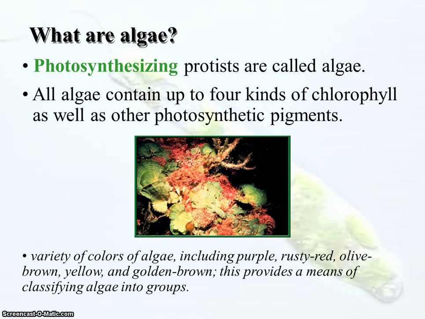You can see purple algae, a red or dark red type of algae, almost a greenish brown. You can have yellow algae, a yellow brown, and then obviously your regular green algae. So all of these different colors of algae are different because of the type of chlorophyll found within their chloroplasts.